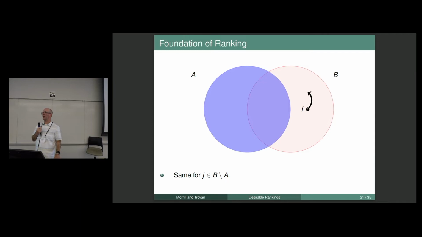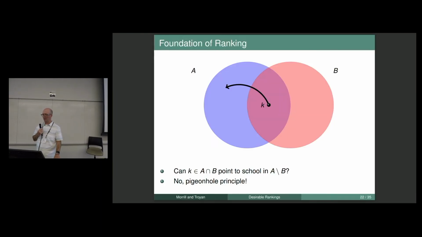A is also isolated, so any student in B not A is not going to point to anything in A. And we look at the intersection, and now we have a nice, real simple pigeonhole argument. If something in the intersection pointed outside of the intersection, then necessarily some object would be pointed at twice, and that would mean something in the intersection is not pointed at all. And this is just restricting on the set A, so there wouldn't exist a perfect assignment.